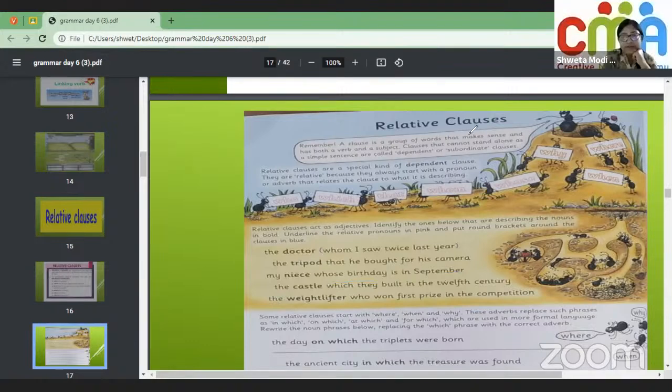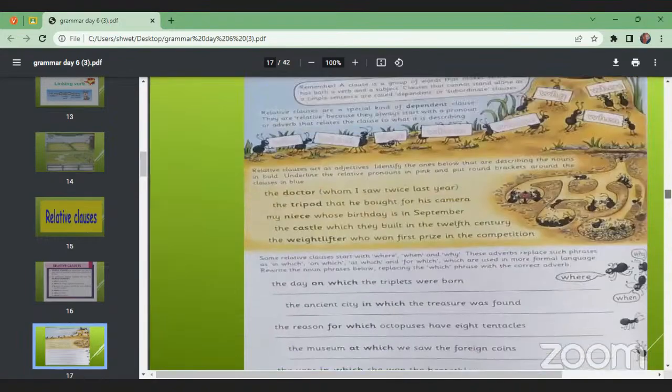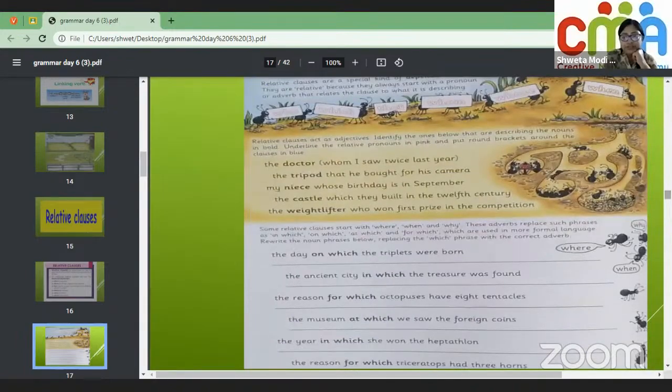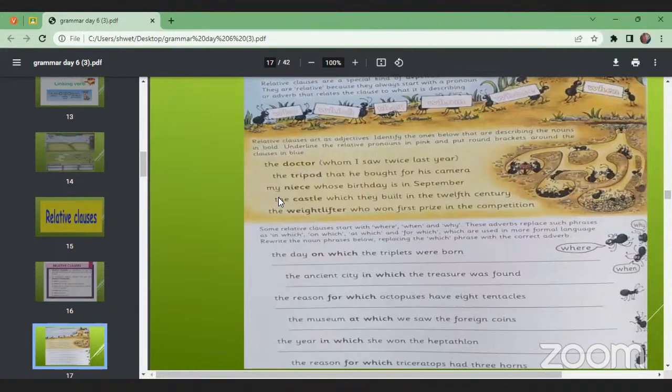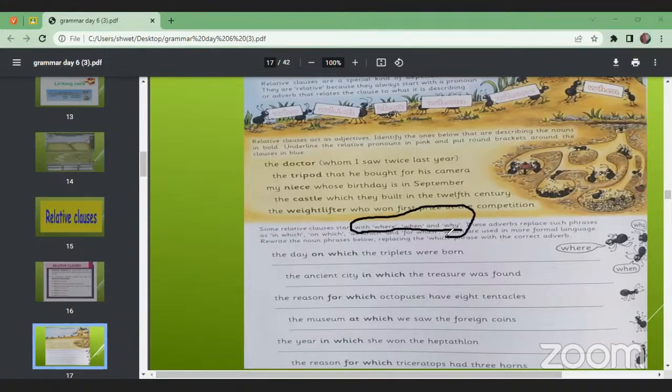If it is where, when, why, then will it be an adjective or an adverb? Tell me. If it is telling you about the place, or about the time, or about the consequence of the action which has happened, then will it be an adjective or an adverb?